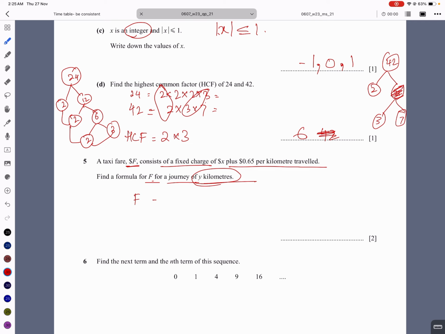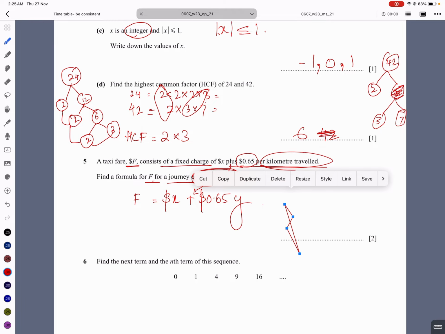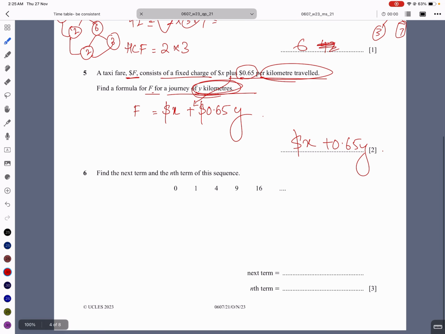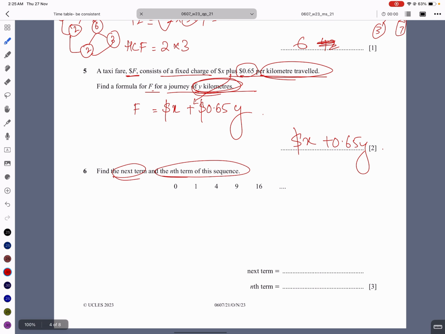There is a fixed charge of X, so I will write X and add $0.65 per kilometer. And what is the kilometers? Y. So it will be X plus 0.65Y. Let's check the answer. That's right.